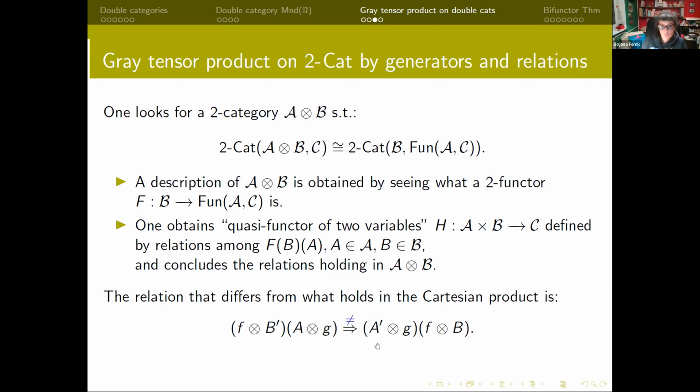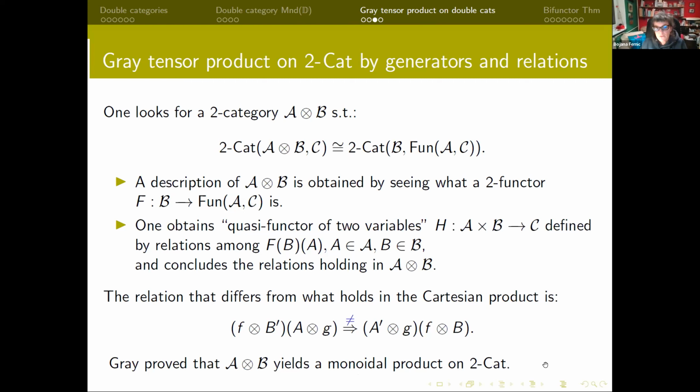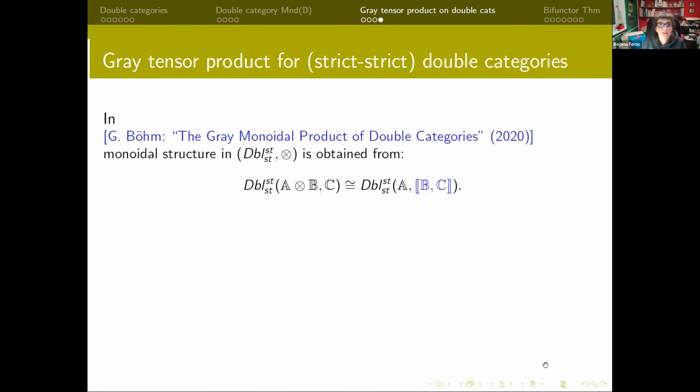And since we work here with 2-categories, there is a non-trivial 2-cell in one or the other direction; there is a choice. Then Gray proved additionally that, so far we have existence, but he also proved that this gives you a really monoidal product on the category of 2-categories. So this is the construction due to Gray on the category of 2-categories.